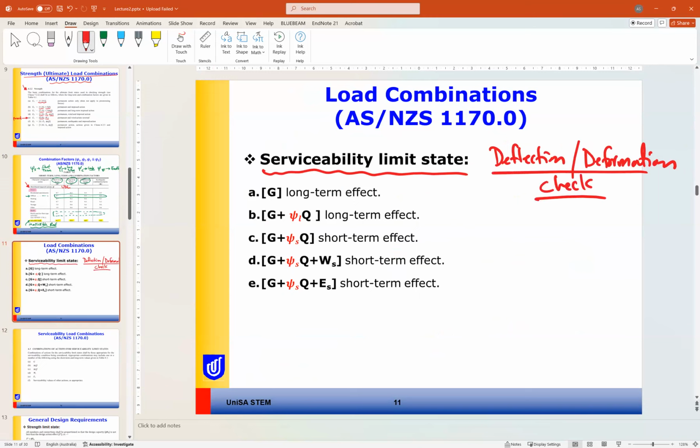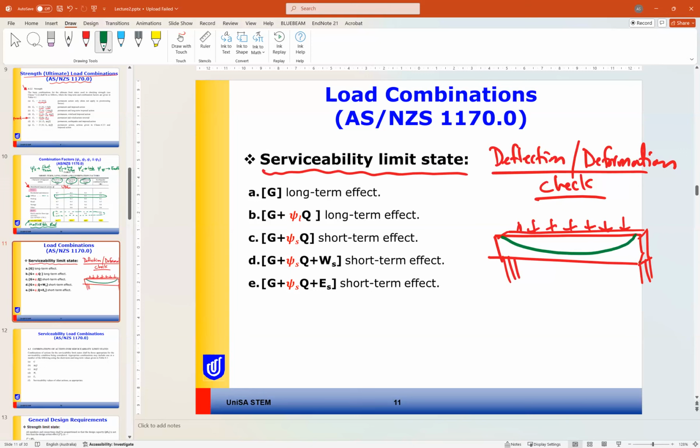The importance of this check is this: if we have a beam like this, with loads applied and a column here and a column here, this beam is safe and will not fail. But in some cases, if the load and the span are too high, the deflection is something like this. If you are living below this beam, you may feel worried that the beam will fall on you.